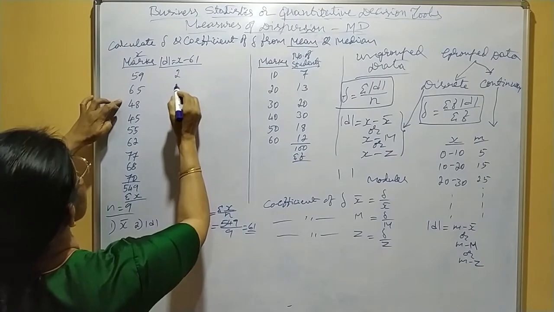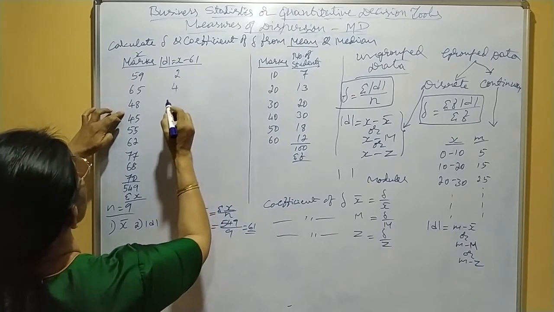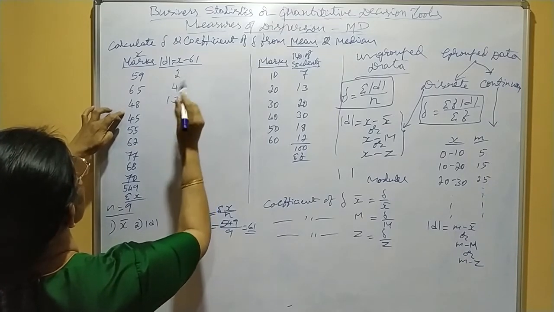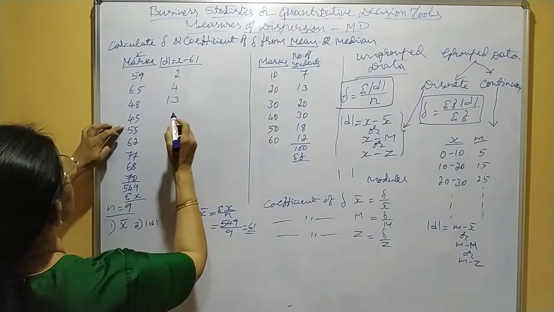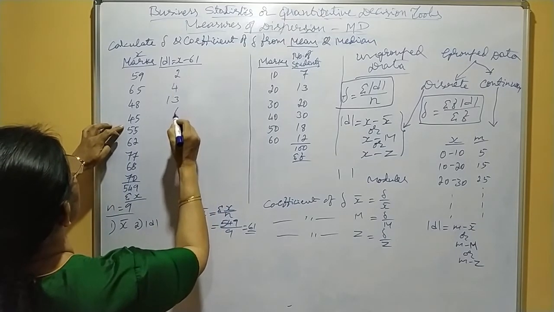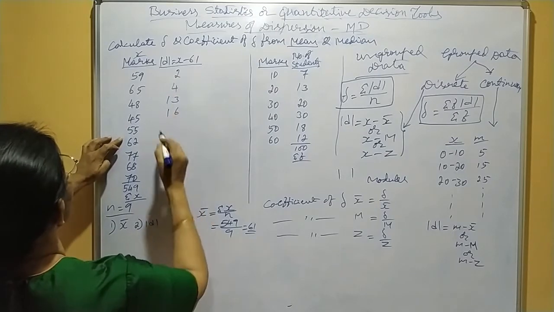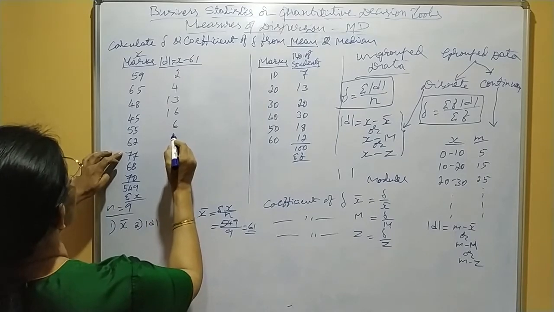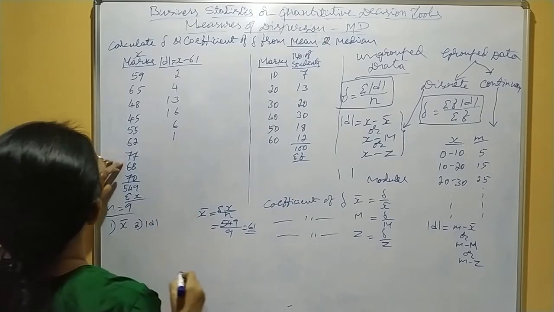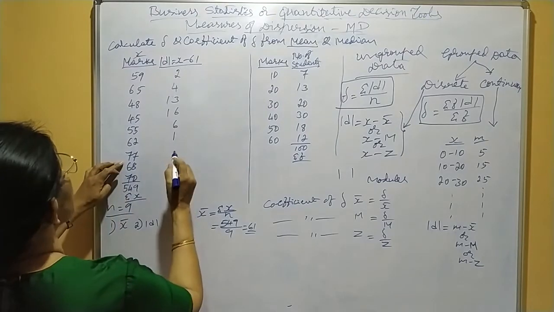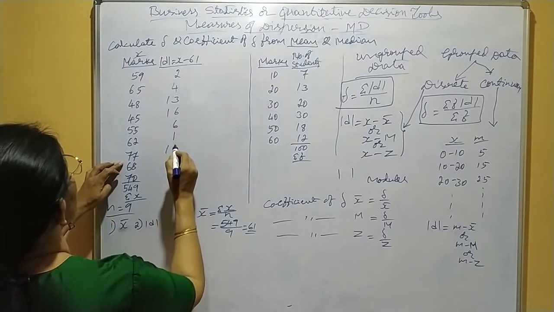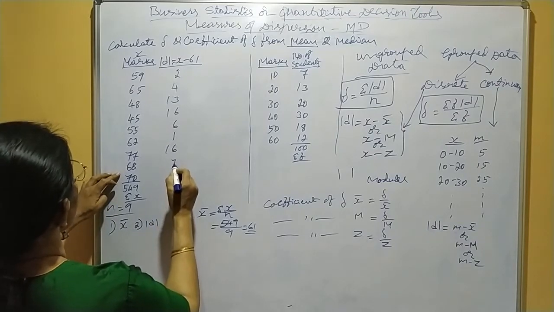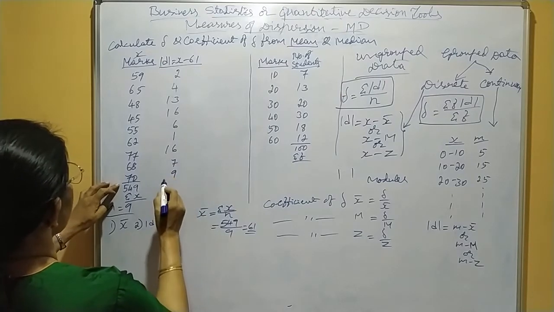65 minus 61 is 4. 48 minus 61, it is 13. 45 minus 61, it is 16. 55 minus 61, 62 minus 61, 77 minus 61, 68 minus 61, 70 minus 61, 9.